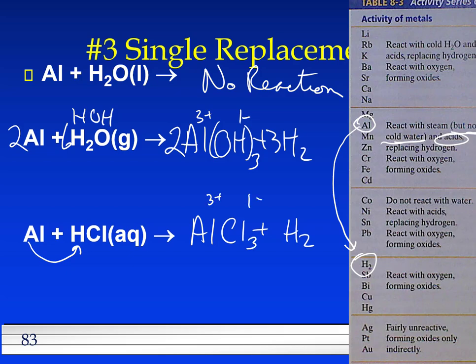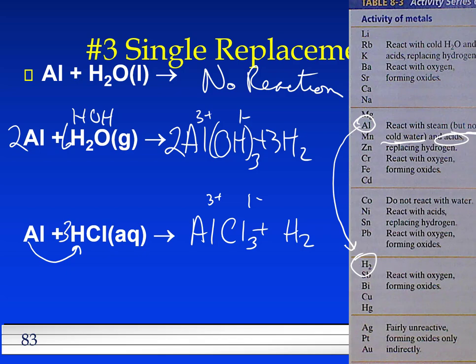And you notice I'm at the same spot here. I got to have one H for every Cl. So I know they're going to run into each other at 6 again. But let's do it the other way without doing that. So the first thing I do is I put a 3 in front of HCl. That gives me my 3 Cls. And the only thing that's not balanced now is H's, because it's 3 on one side and 2 on the other.